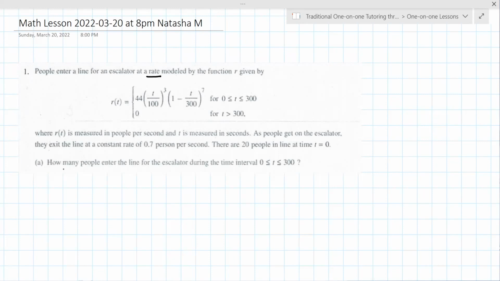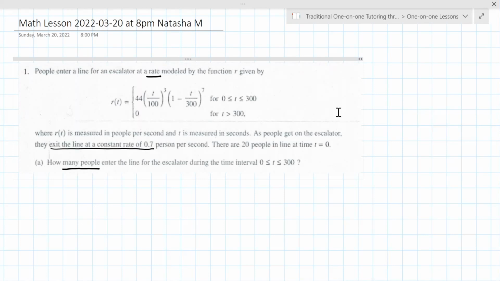Because when it asks how many people, you integrate the rate potentially. There's also an exiting rate, which I don't know is applicable to this part of the question, but there are two parts there. If that's not clear, these are the people getting on, these are the people getting off, and so on.